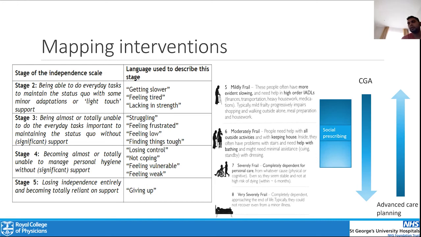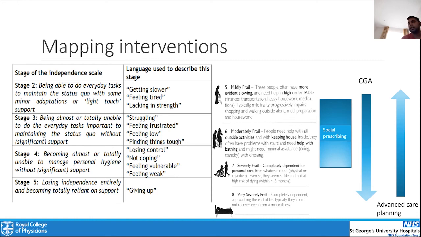So firstly, I've got social prescribing there, which is more of the community focus for things like loneliness, which GPs have been referring to and has got a growing evidence base. And as you can see, it is more appropriate for those that are less frail and more able.